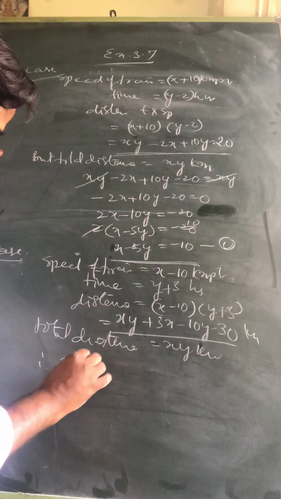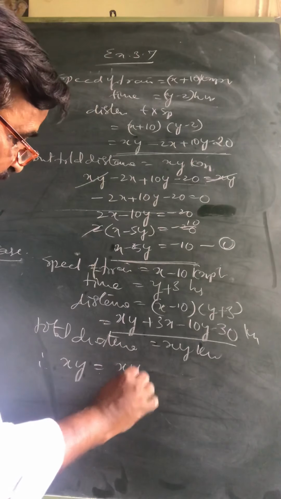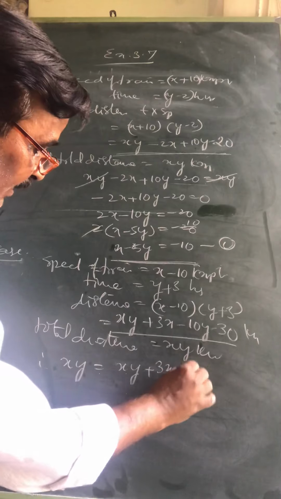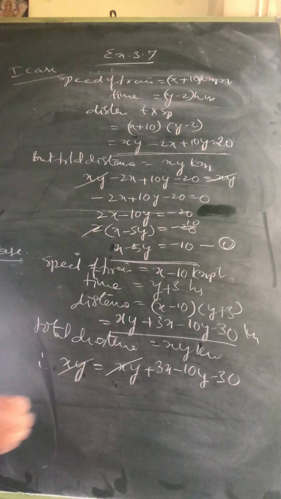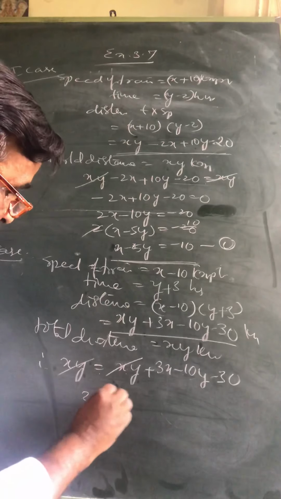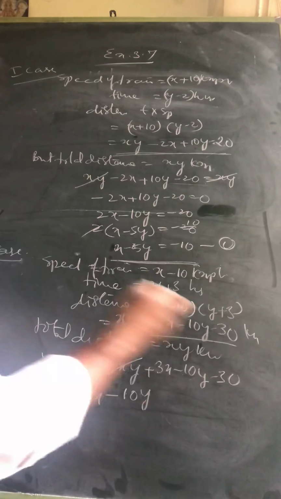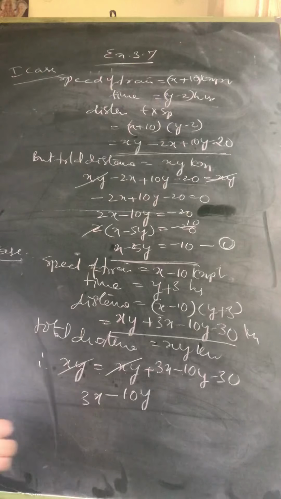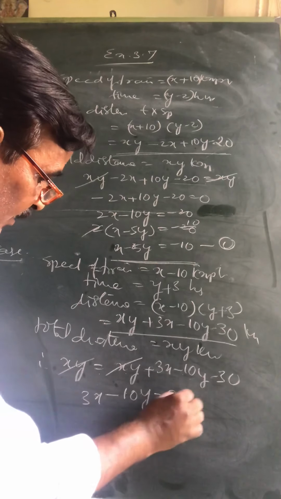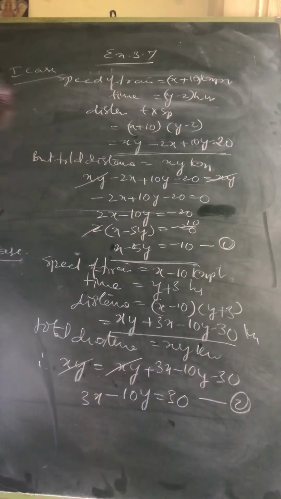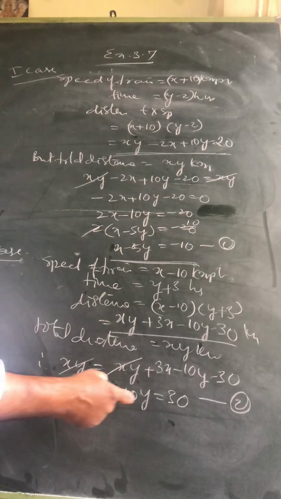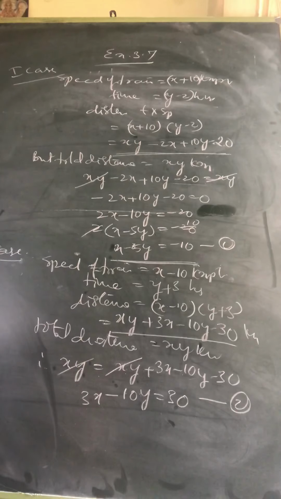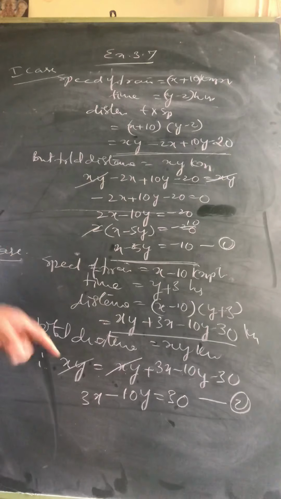Therefore xy is equal to xy plus 3x minus 10y minus 30. xy cancels. Then take the 3x minus 10y, and send the minus 30 to the other side of the equals sign, and it becomes 30. It is the second equation. Have you got it? 3x minus 10y is equal to 30. Here x minus 5y is equal to minus 10. These are the two equations we got.